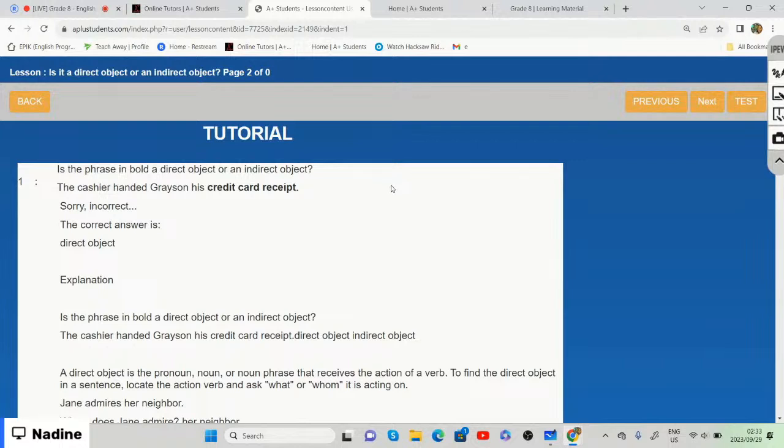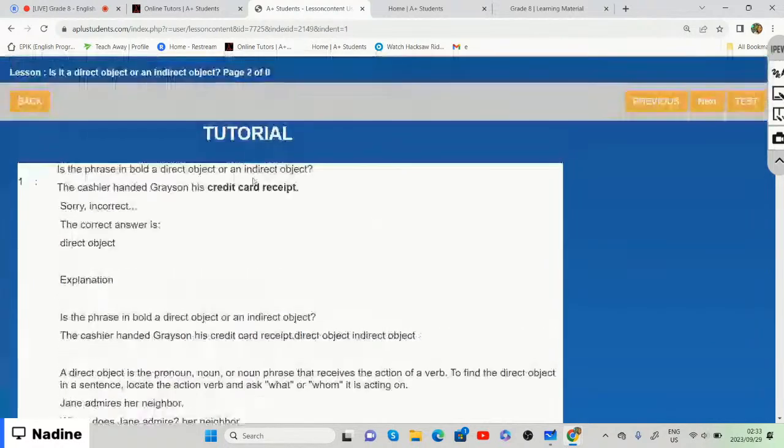So we need to say if this is a direct object or an indirect object. It's basically us asking what was handed to Grayson. What did the cashier hand Grayson?